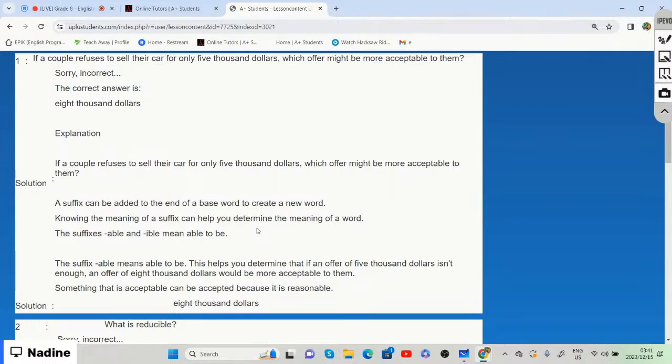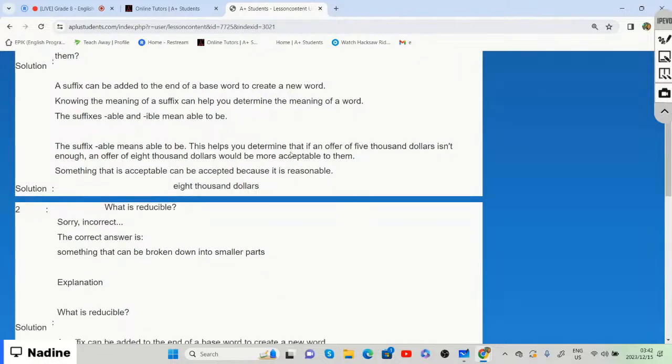An offer that will be more acceptable is a higher amount. So $8,000 would be a more acceptable amount.